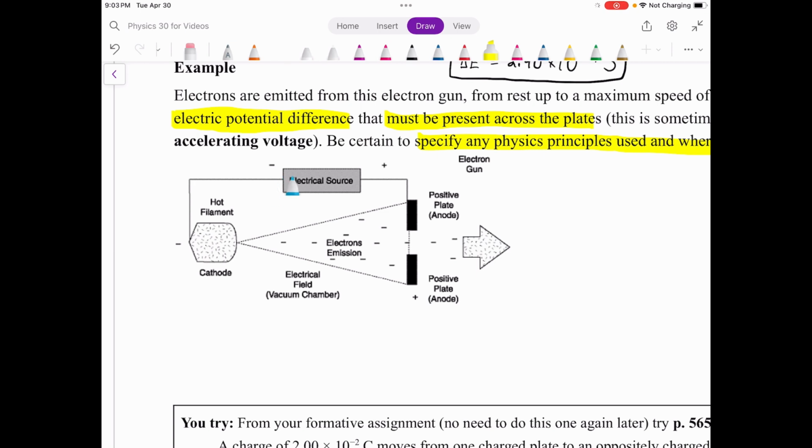Now notice it's hooked up to an electrical source, probably honestly just a battery. There's the negative terminal here that's attached to this, the positive terminal here that's attached to this positive plate. If we take a look here, this actually makes sense. Negatives would want to get away from the negative terminal of the battery and head towards this. We know positives don't move, right? But negatives would then want to get to here.